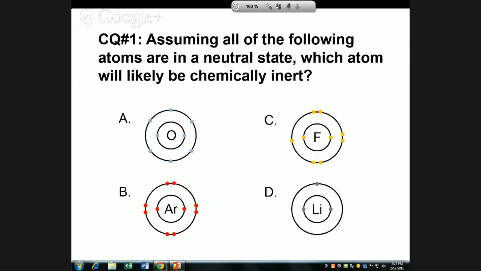The oxygen atom that's depicted here with the 6 electrons that are kind of equally spaced around doesn't really use that convention. And they did that on purpose to make it look full. Really what you'd see would be 3 pairs, one at the top, one on the side, one at the bottom perhaps. And the second pair on the side wouldn't be there. It would be like the fluorine with 1 less electron. But that's what a chemically inert atom would look like.